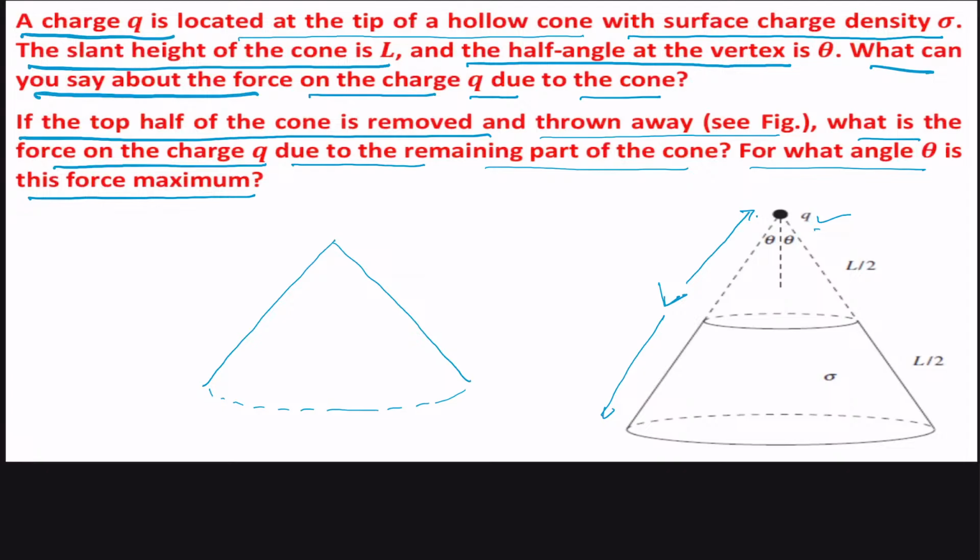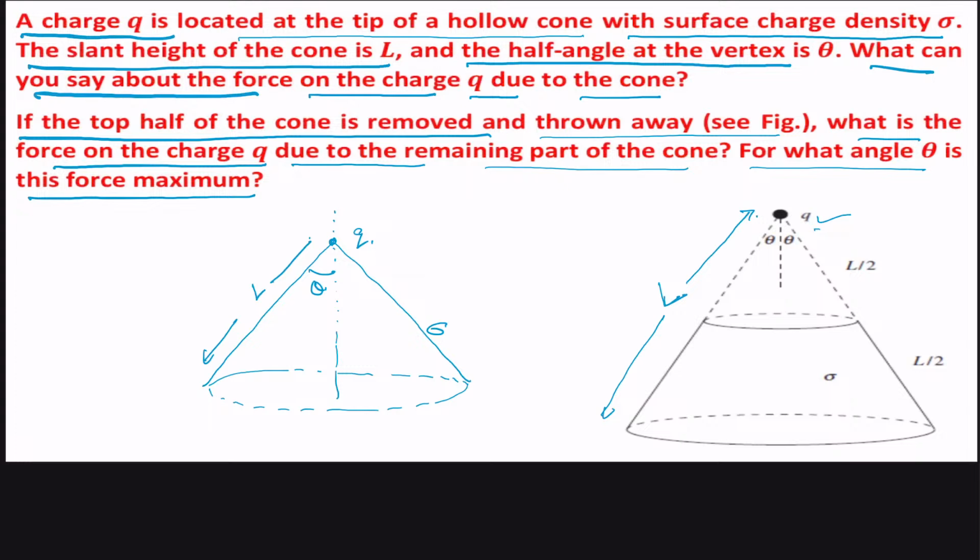So in the first part this is something like this. So this is the cone and we have a charge Q, and the slant height is L and the half angle is given to us as theta. And sigma is given, the charge density on this cone.